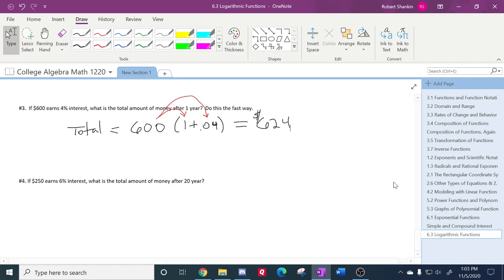Total amount of money after 20 years. Thirty seconds more.